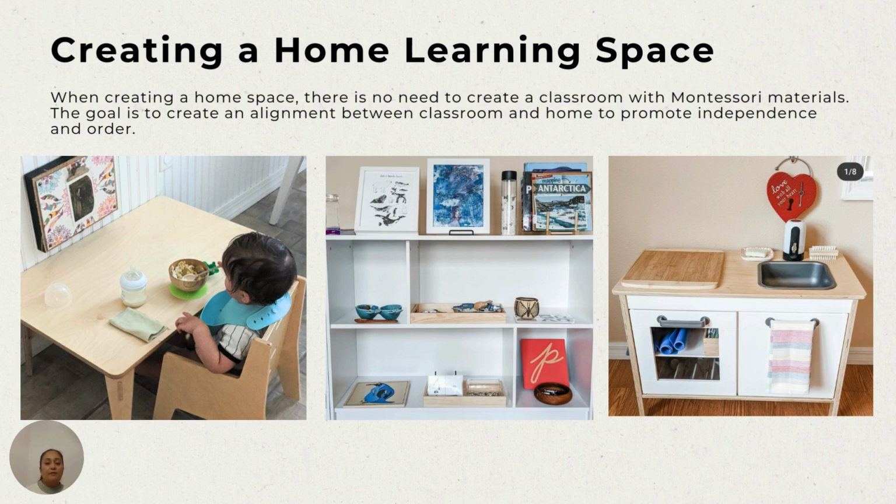I've also seen people creating a small kitchenette for children to prepare their own snack or wash their own little dishes. That's a great way to incorporate some of the concept of freedom and movement and self-directed learning in the Montessori home, if you're creating a Montessori space at home.